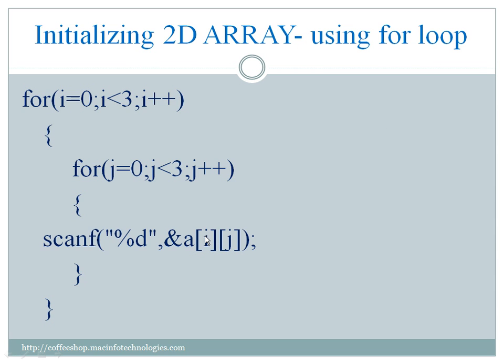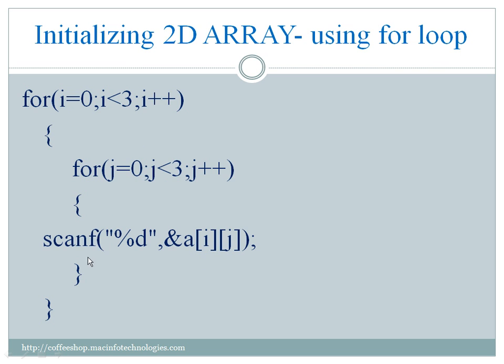So we take values, first when i is equal to 0, 0 less than 3 is true. Next the condition is checked, j is initialized to 0, j less than 3, 0 less than 3 is true. Now i and j are 0, 0, so the input for a of 0, 0 will be taken.